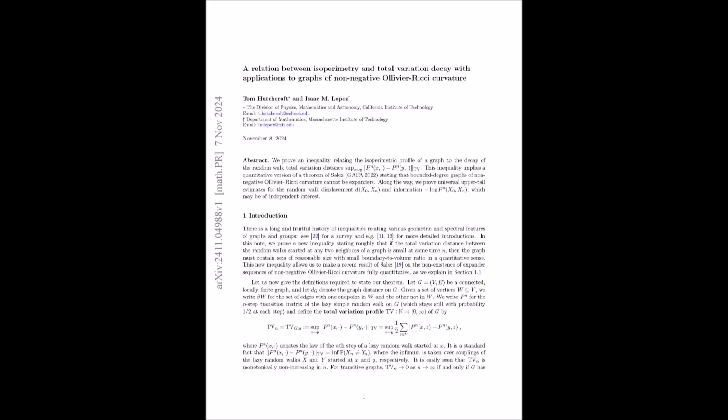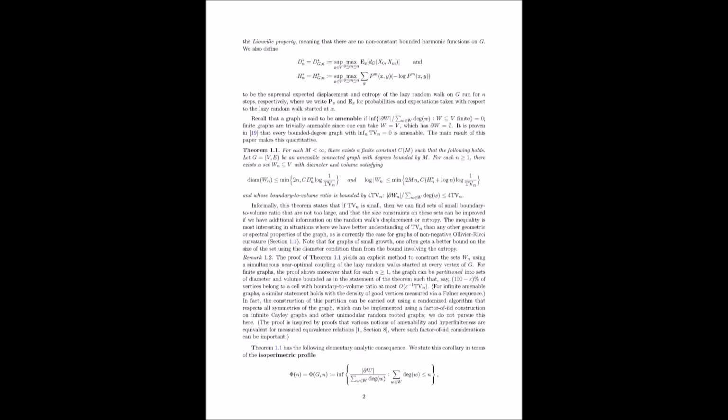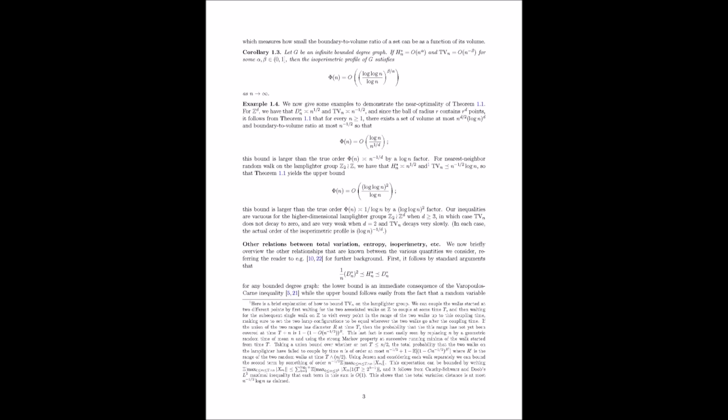And speaking of which, the paper hints at this particularly intriguing open question, whether non-negatively curved bounded degree graphs of superpolynomial growth even exist. That's right. And while the paper doesn't definitively answer this question, it does offer some pretty tantalizing clues. The fact that Corollary 1.5 provides such a tight bound on the isoperimetric profile for these graphs suggests that finding examples with superpolynomial growth could be incredibly challenging, maybe even impossible.